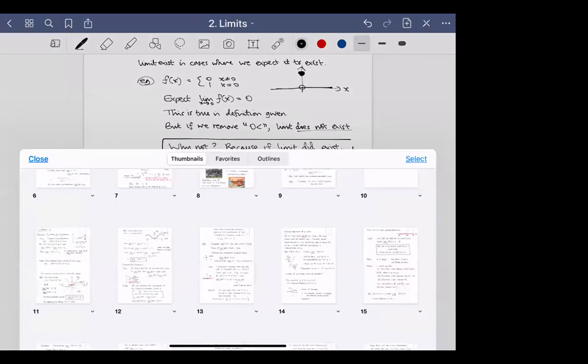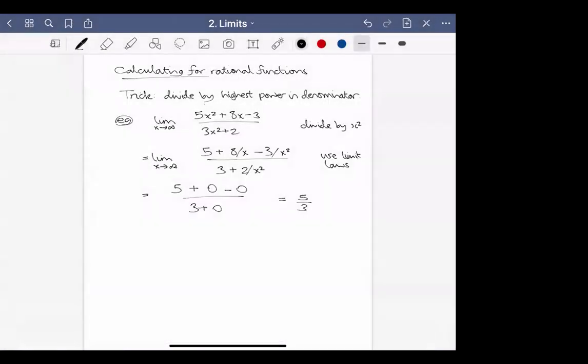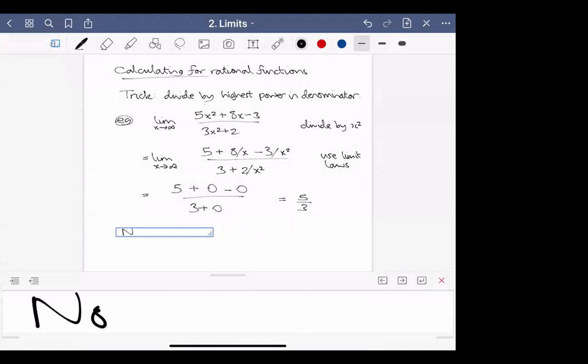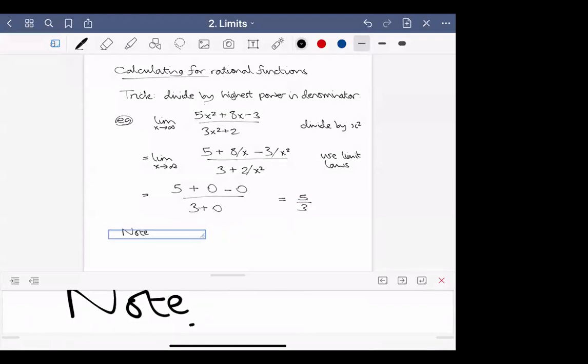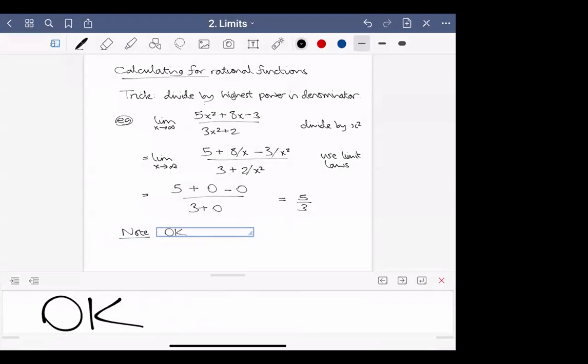Okay, so back to this calculation. So I need to justify one point. You notice I divided by x here. And why is that okay?